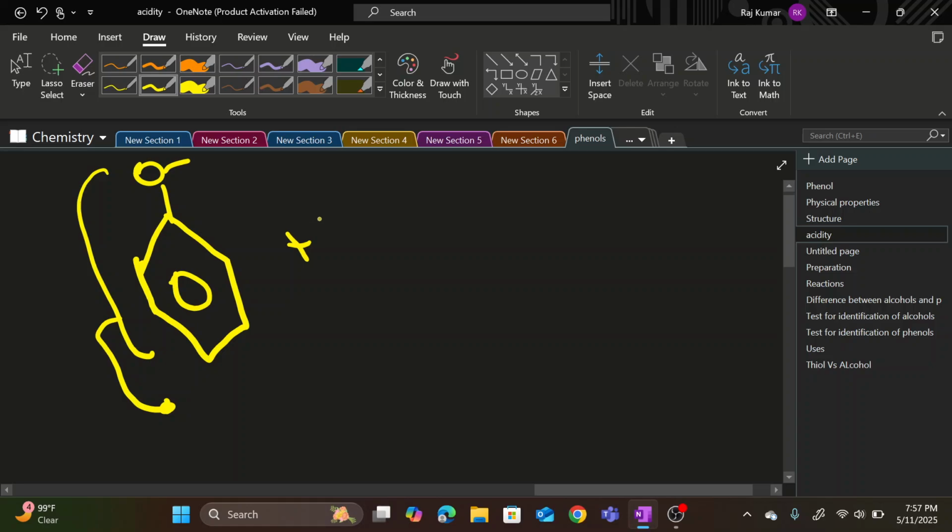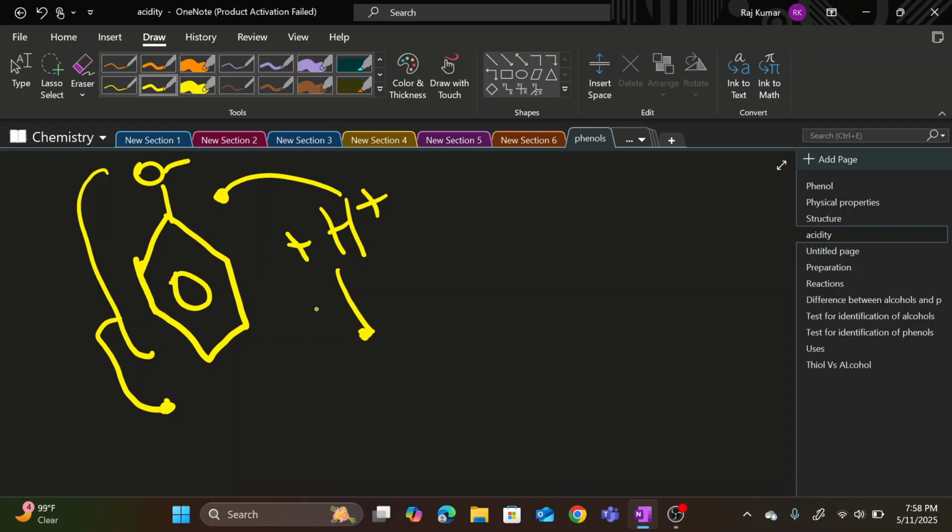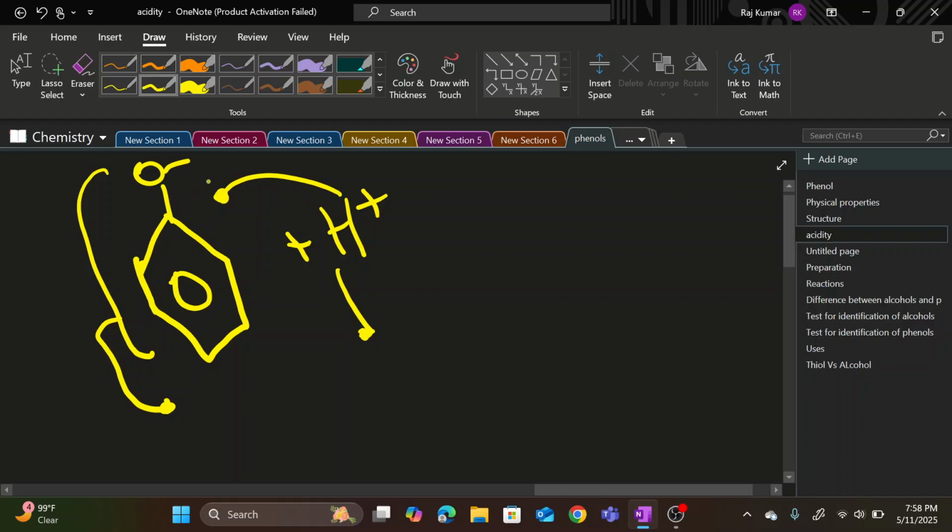So when it is going to have a proton with it, would the proton be able to form a bond with it? No, it won't be able to do so, because it is a stable structure, and because of that stability, it is unable to take this proton back into its structure and thus form a phenol molecule again.